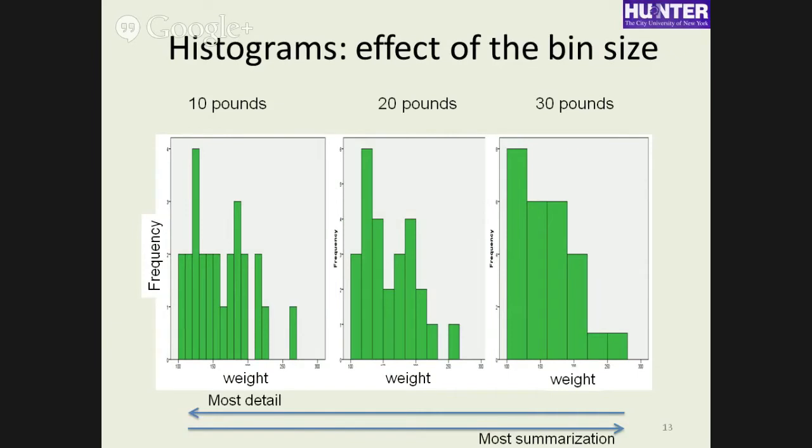The distinction, I think, is that in a bar chart, you're representing a categorical variable. So it's just one value of the categorical variable being represented by that bar. Whereas with the histogram, you're binning together values of a quantitative variable.